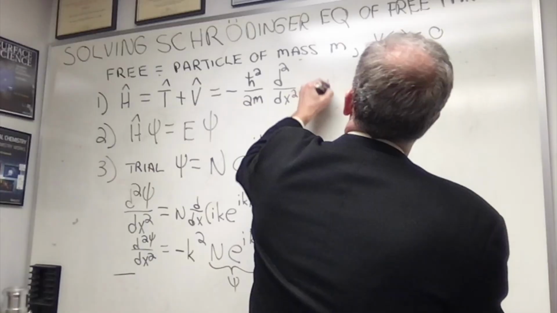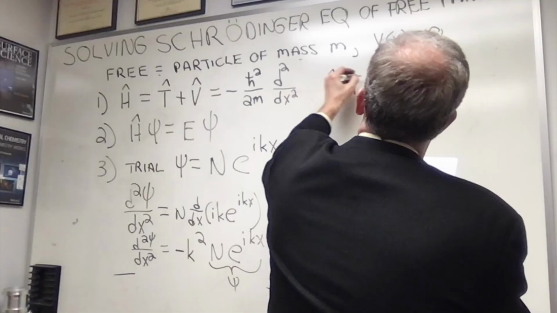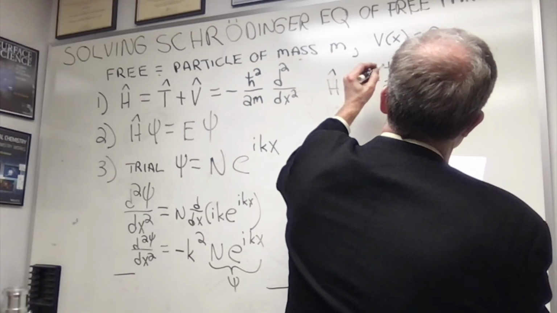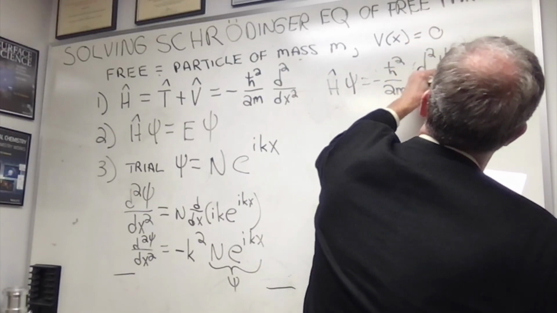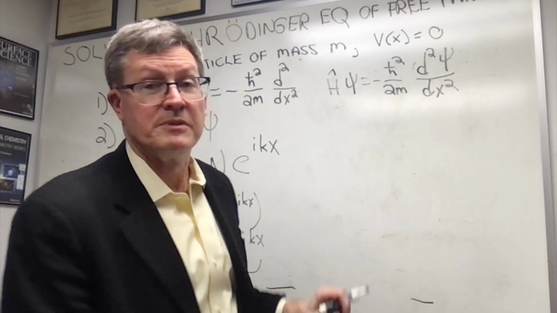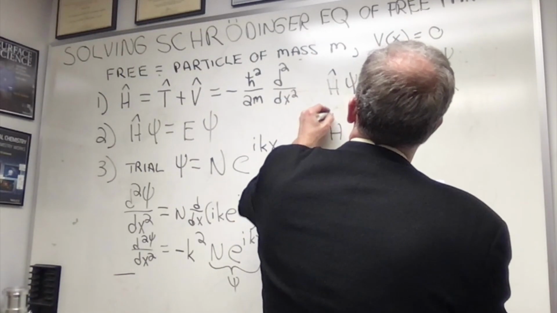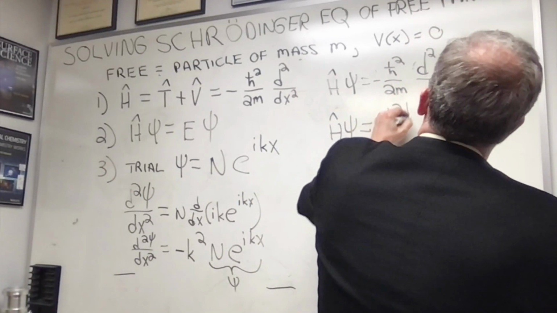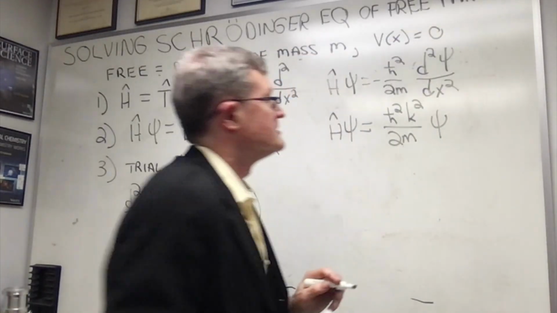So let's now do the full Hamiltonian. Operating on psi will be minus h bar squared over 2m times that second derivative of psi with respect to x squared. Substitute in our second derivative, multiply by minus h bar squared over 2m, and we'll see that H psi is equal to h bar squared k squared over 2m times our initial wave function.